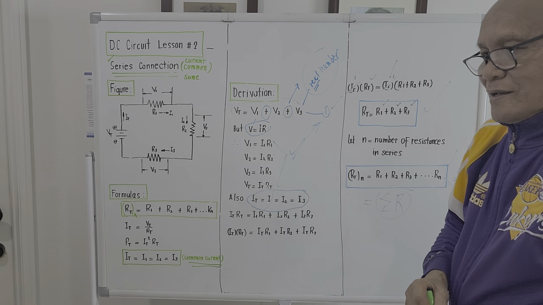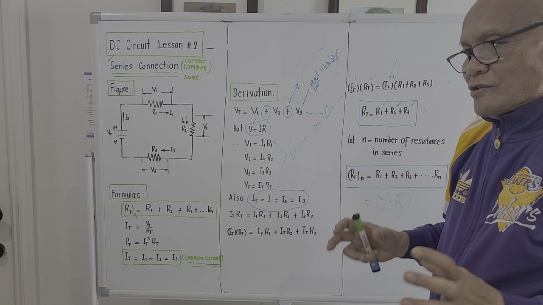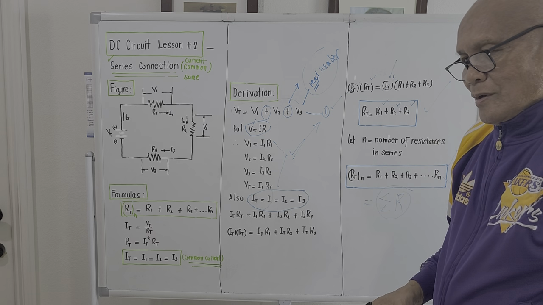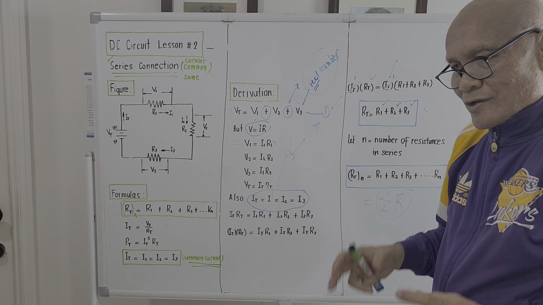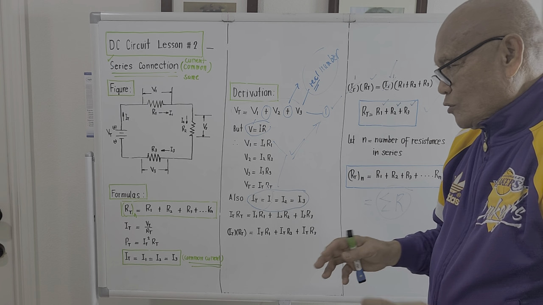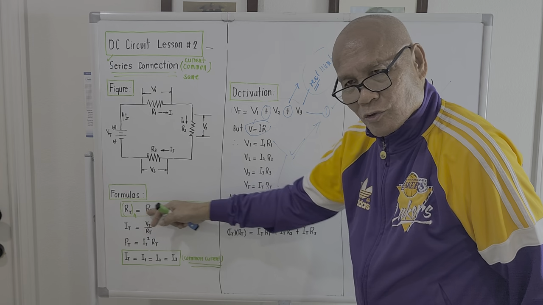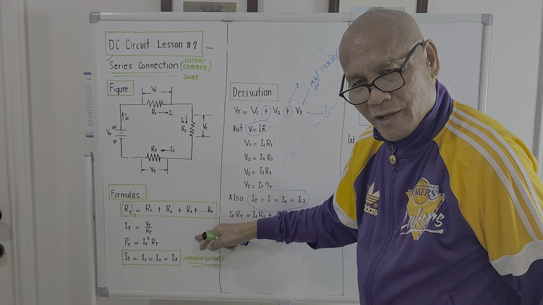Okay, that's it, guys. These are the needed concepts for a series connection. So for us to understand the series connection, just think of it that if we try to compute the total resistance, it will just be simply the summation of the resistances involved, right?